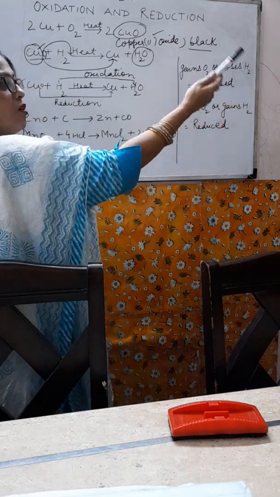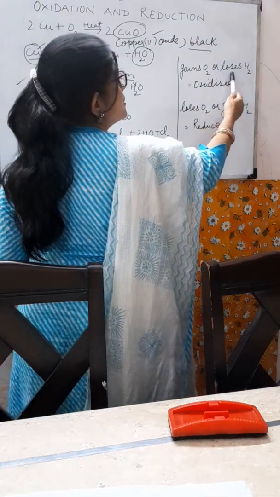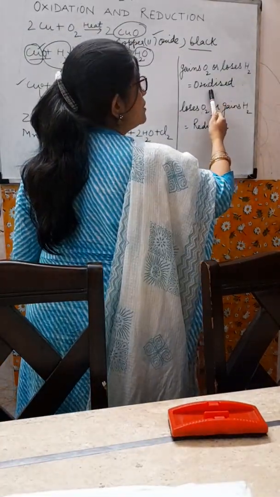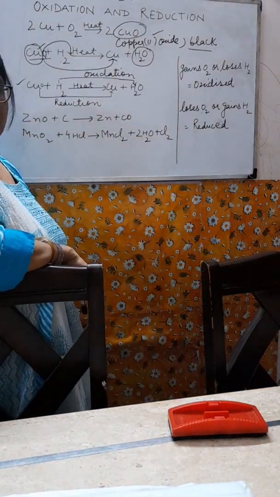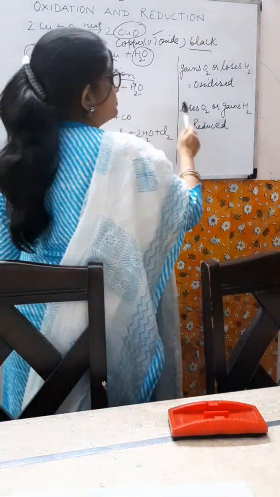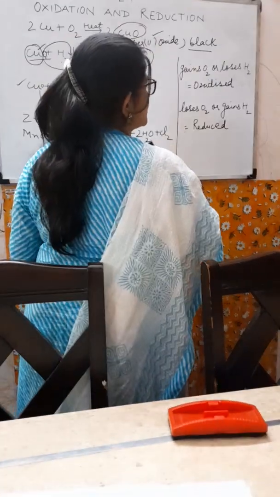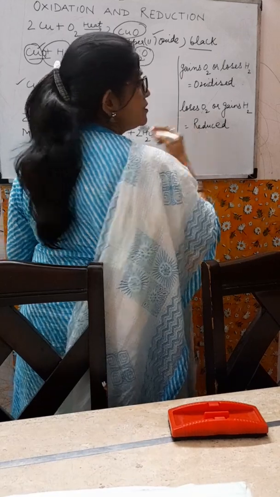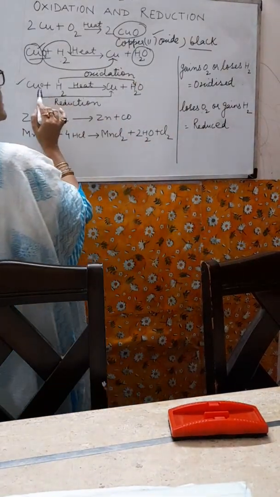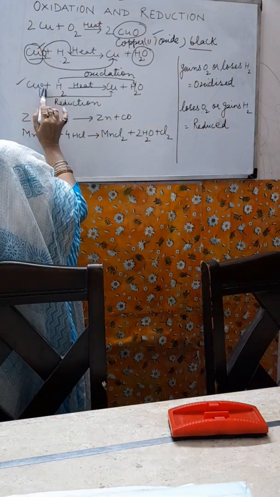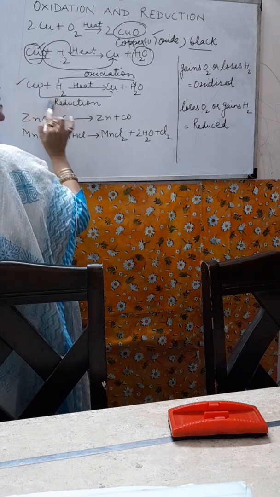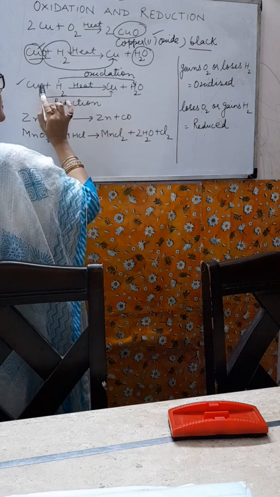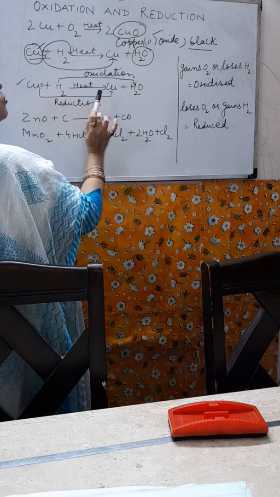Or it may also be that when a substance loses hydrogen, then also it is said to be oxidized and the process is known as oxidation. Then when a substance loses oxygen, it is said to be reduced, or the process is known as reduction. Like over here, copper oxide, CuO, changed into copper. Its oxygen has been lost.